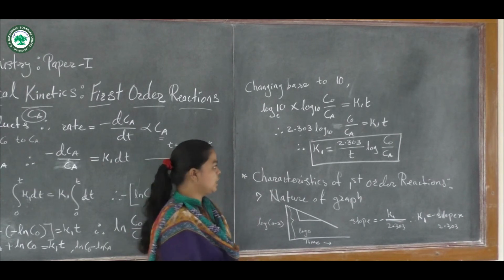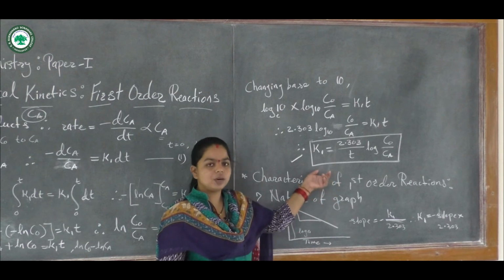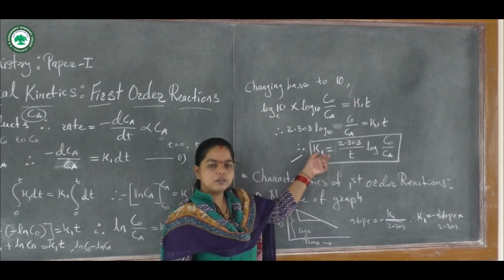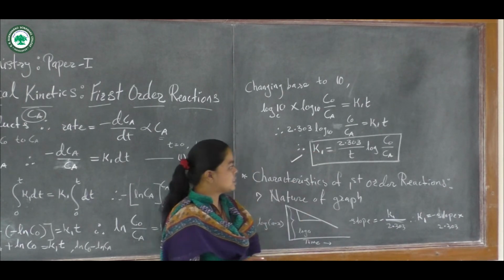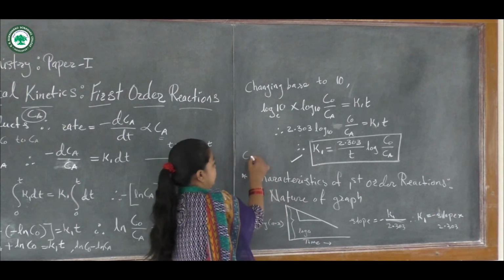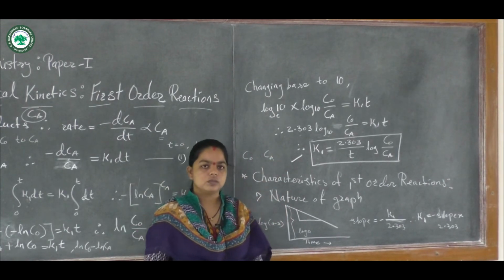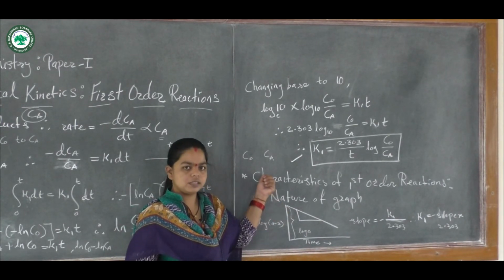This is the equation for the first order rate constant for the first order reaction. Here we have taken the concentration limit C0 to Ca.